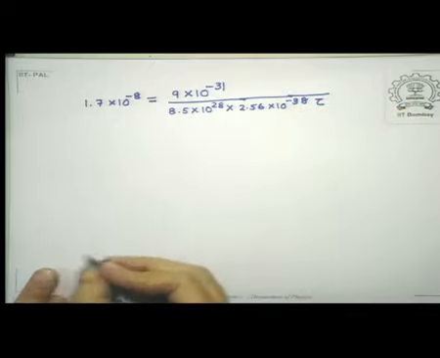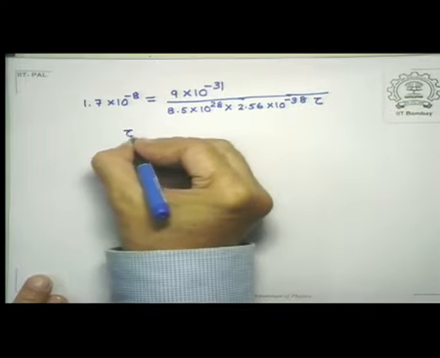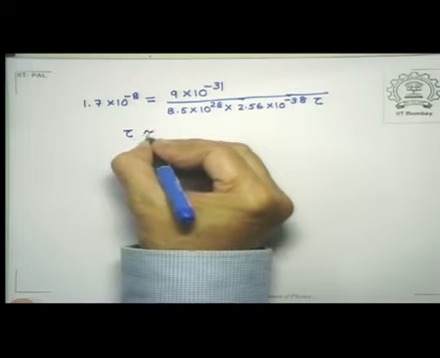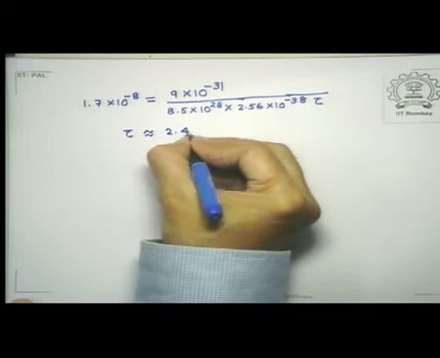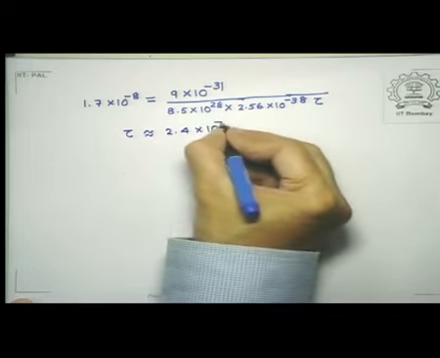So, take these numbers and calculate this, and you will find tau is of the order of 2.4 into 10 to the power minus 14 seconds.